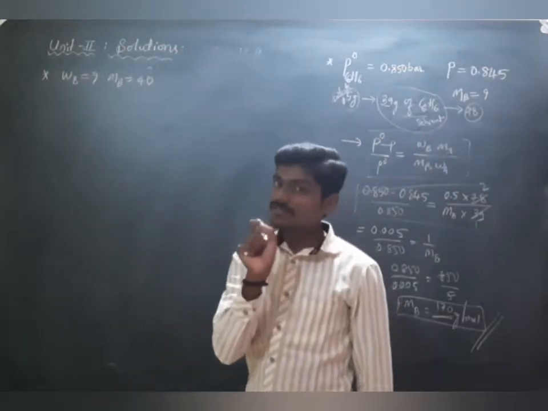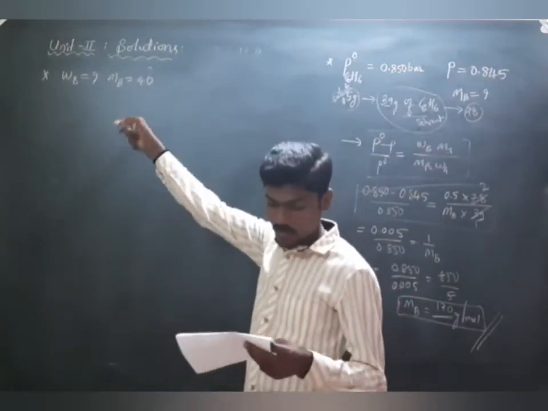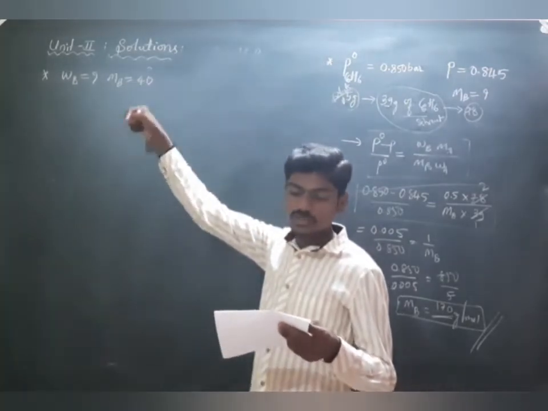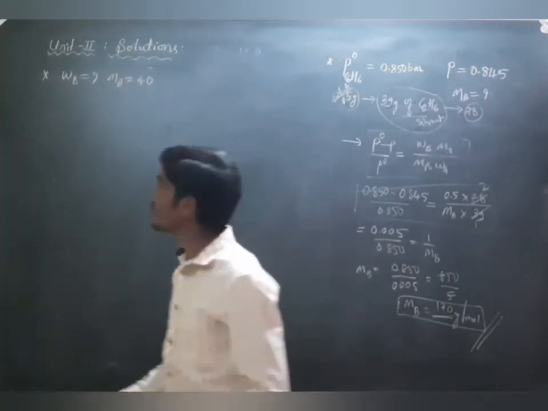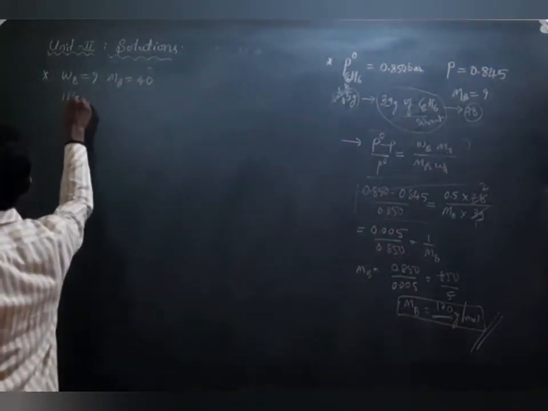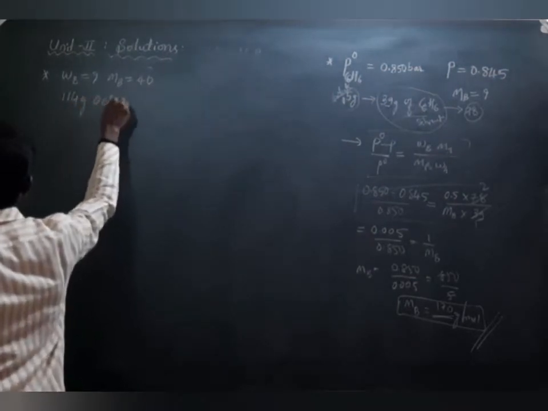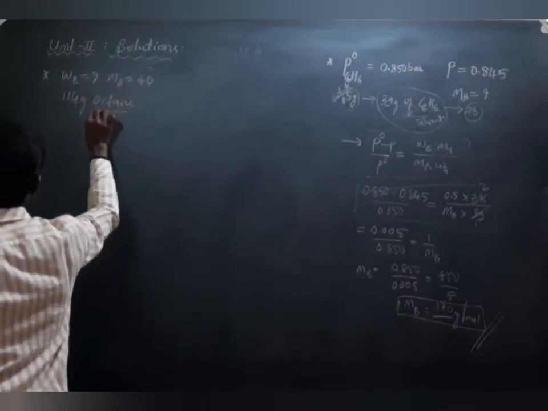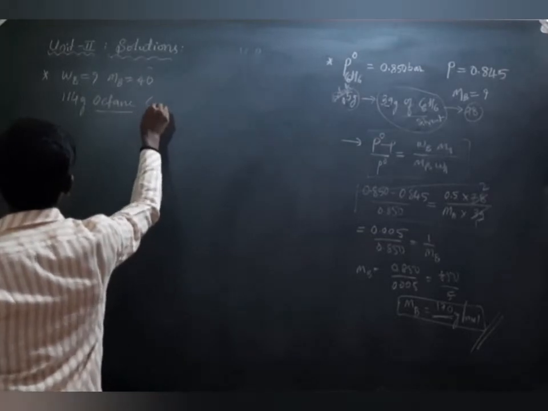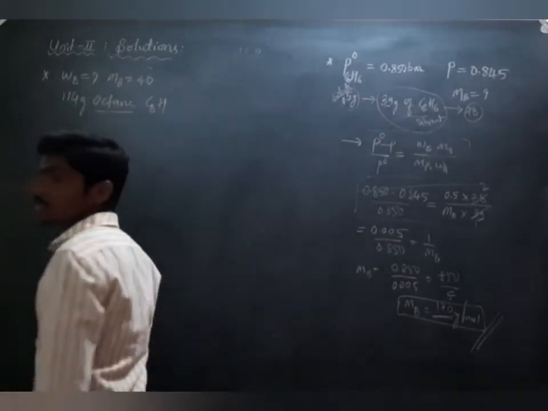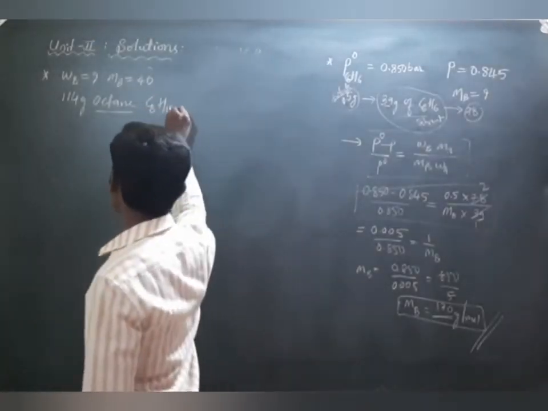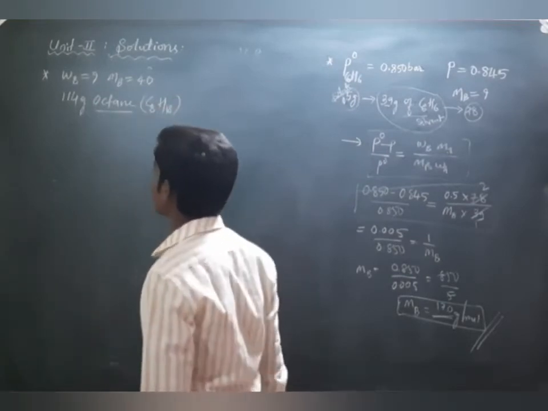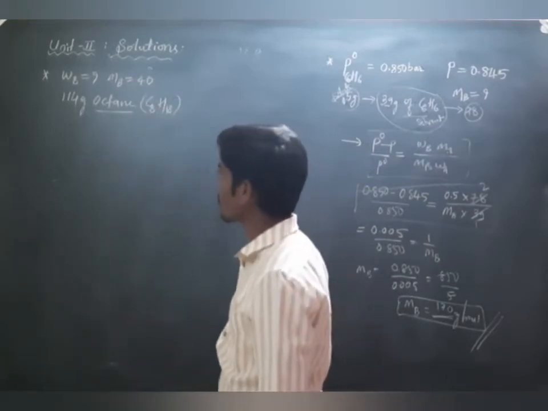Calculate the mass of solute which should be dissolved in 114 gram of octane, C8H18, formula CnH2n+2. Octane.